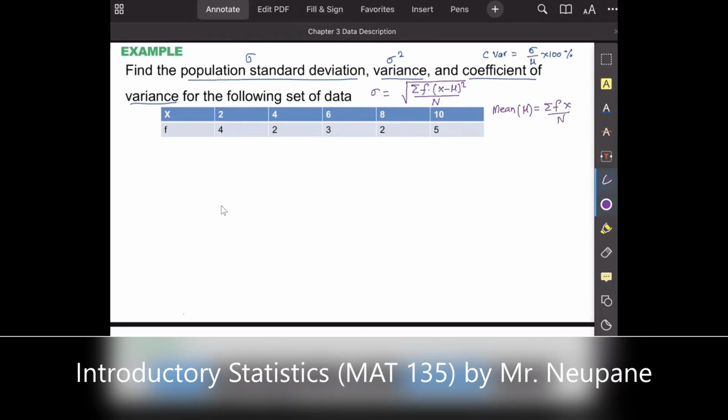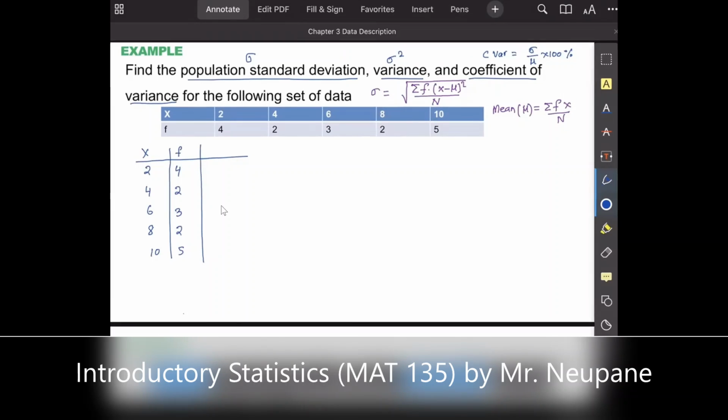So let's begin by creating this table down here. You can follow along with me. So first we write our x values, which are 2, 4, 6, 8, 10. Then in the next column, we have the frequency. Frequency f is 4, 2, 3, 2, 5.